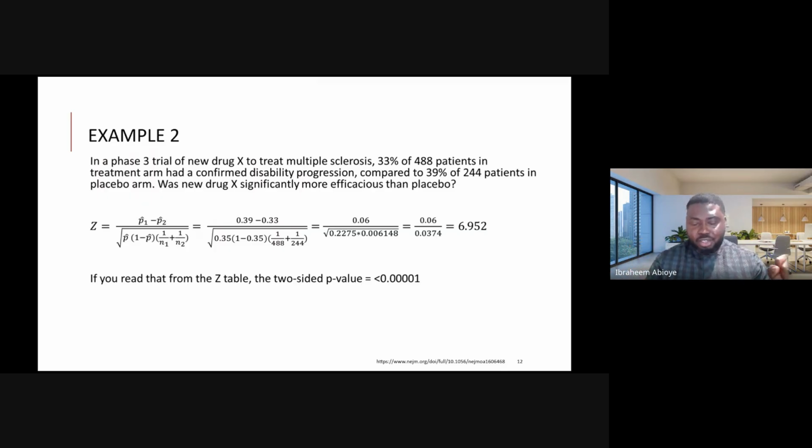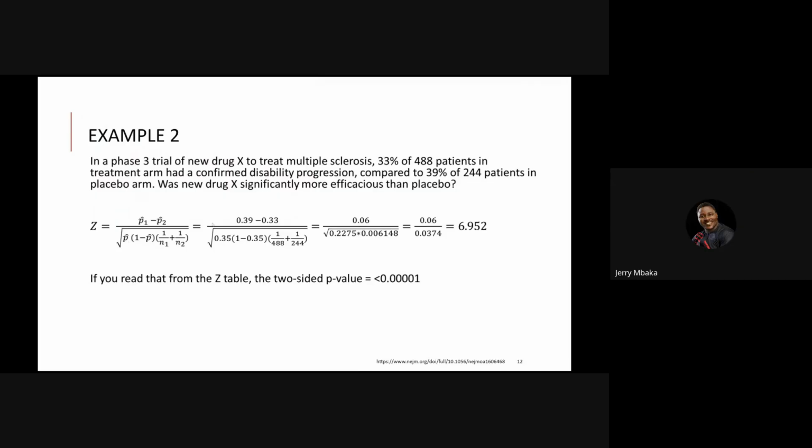One group gets treatment A, another group gets treatment B. And you calculate the proportion of those who experience the outcome in group A and those who experience the outcome in group B, and you're comparing both groups. In that scenario, you can use the z-test of two proportions, which is the standard z-test.